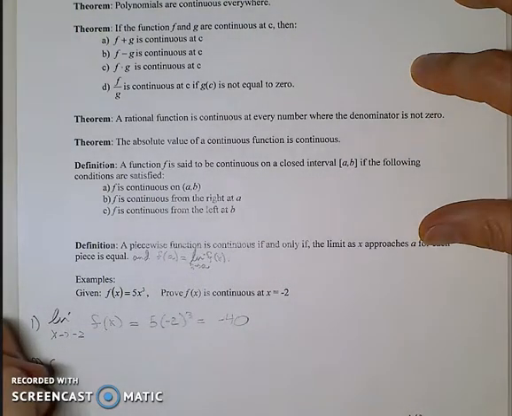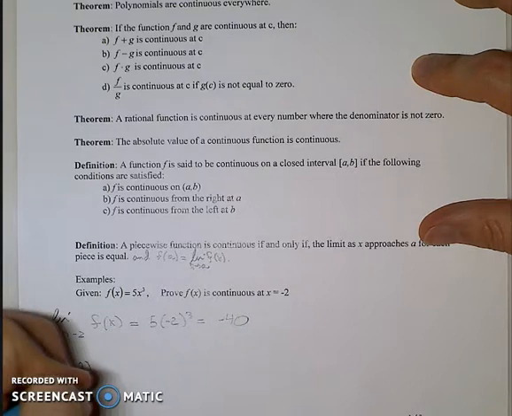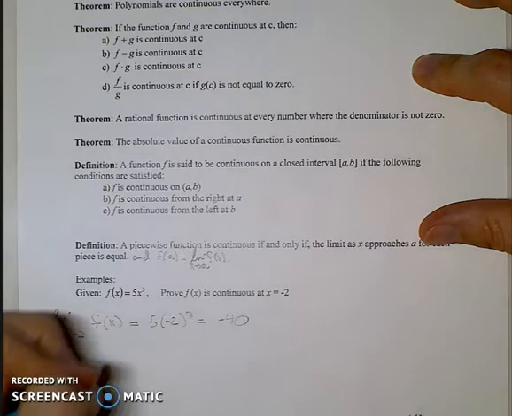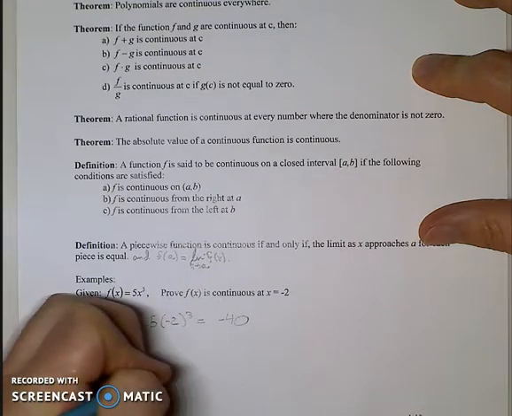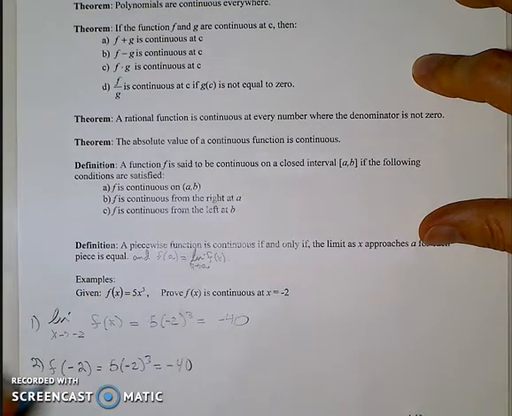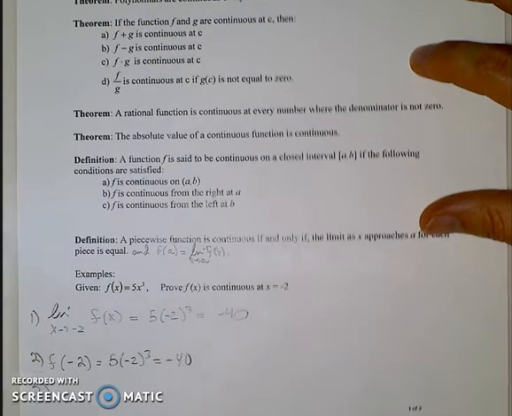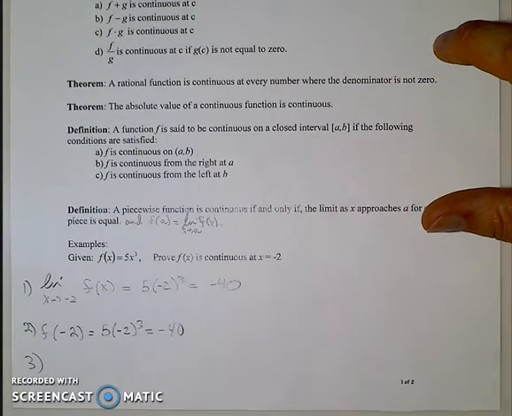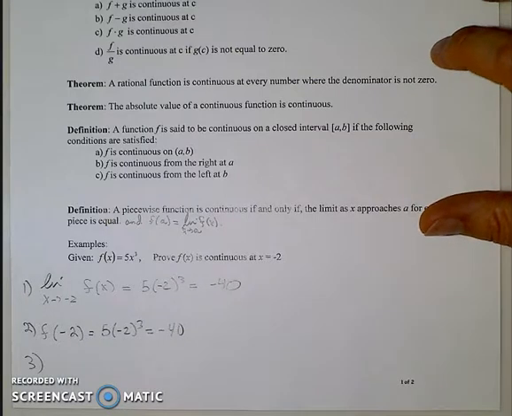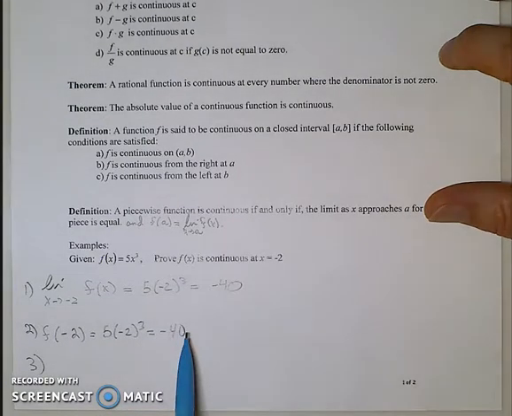Condition 2 says, what is f of -2? Well, we know f of -2 is 5 times -2 cubed. Well, we know that's -40. Condition 2 states that the function has to be defined. The limit exists, the function is defined.